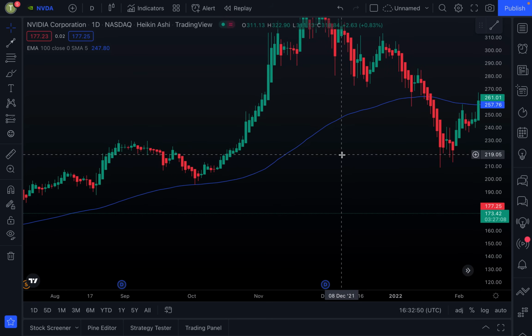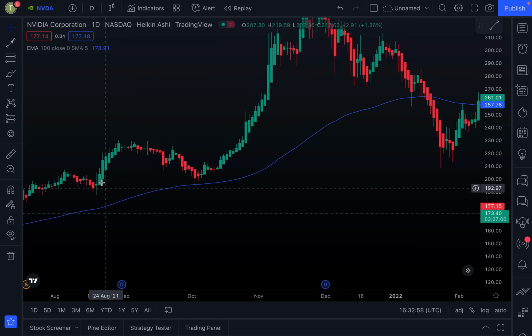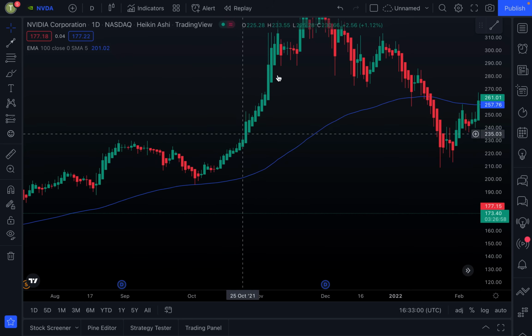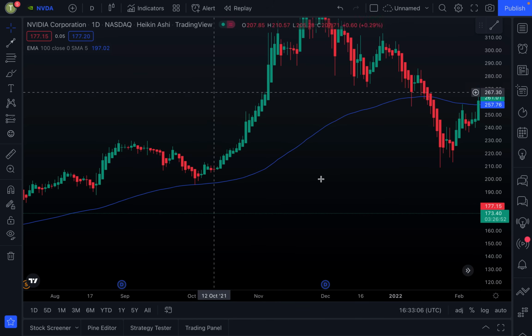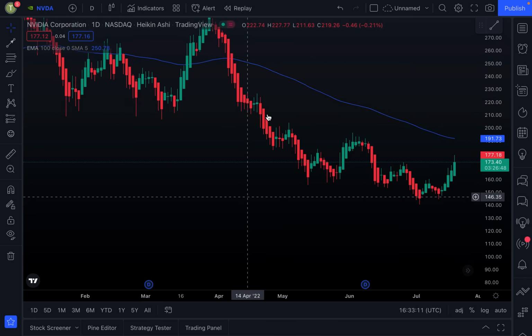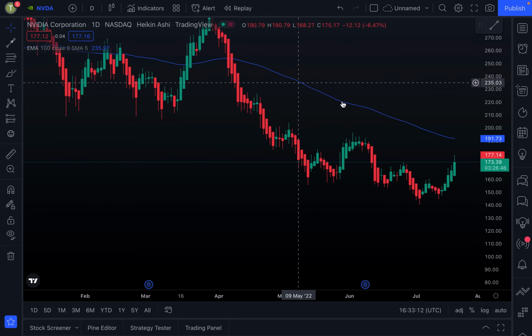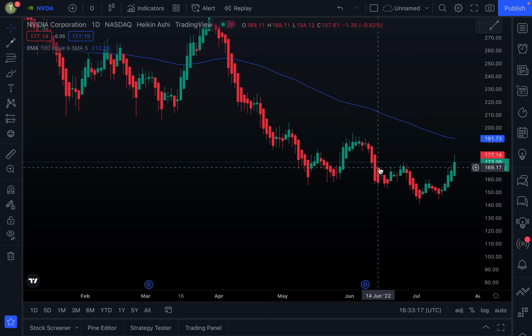So basically, when it comes to the 100 EMA line, if the EMA line is sloping upwards and the price is above the 100 EMA line, that lets us know that the midterm trend is in an uptrend, okay? And similarly, if we take a look over here and we see the 100 EMA line sloping downwards and the price is underneath the 100 EMA line, that lets us know that we're in a downtrend.